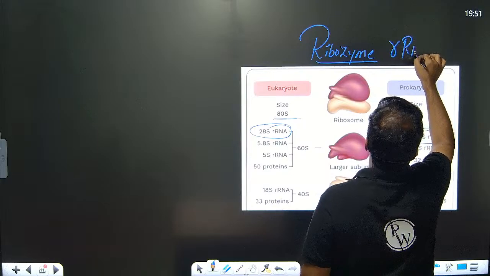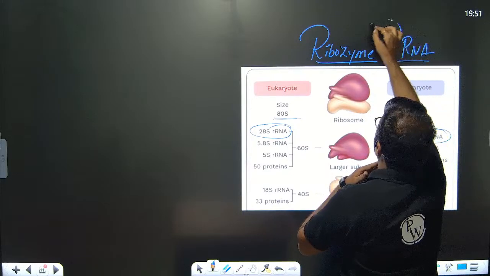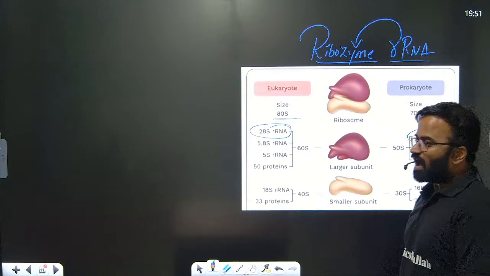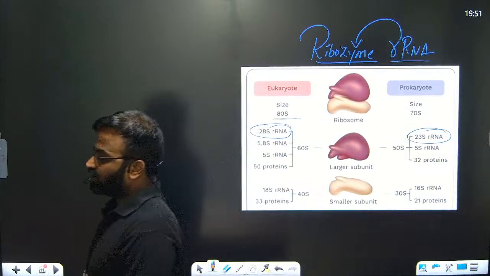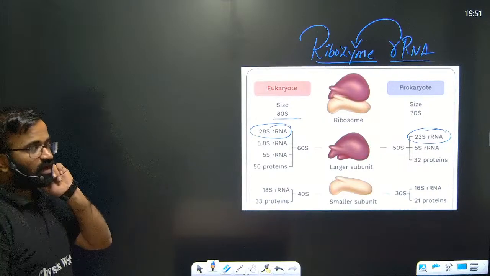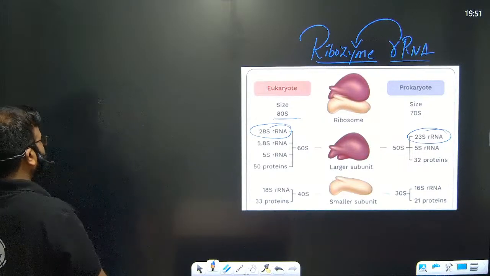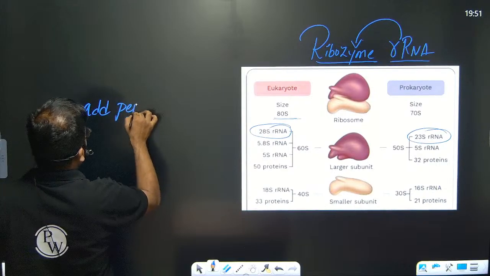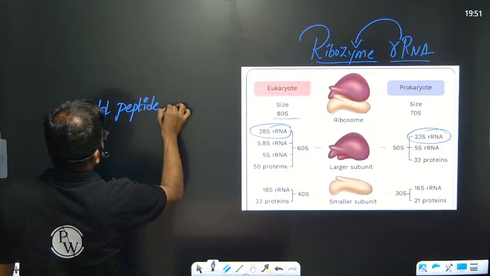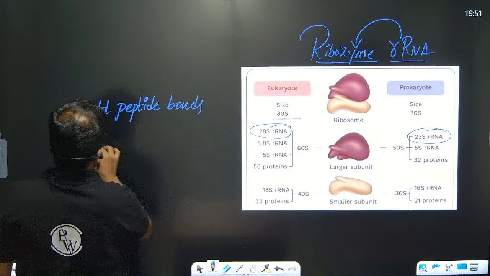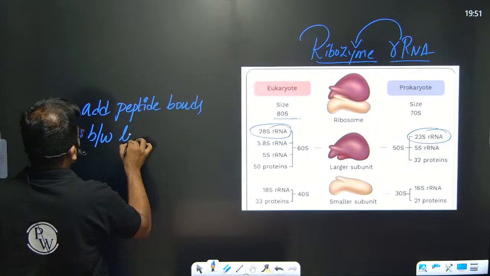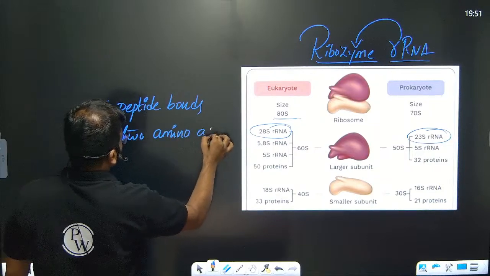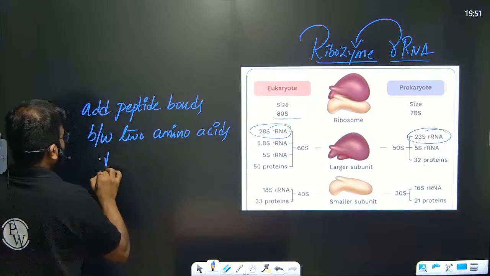RNA that is acting as an enzyme is called a ribozyme. So this 23S rRNA and 28S rRNA can act as ribozymes. What do they do? They add peptide bonds between two amino acids during translation.